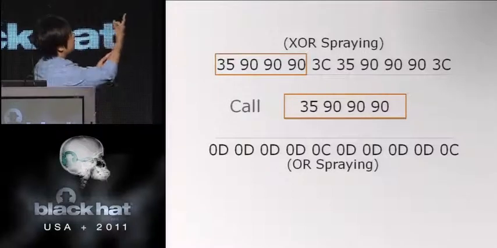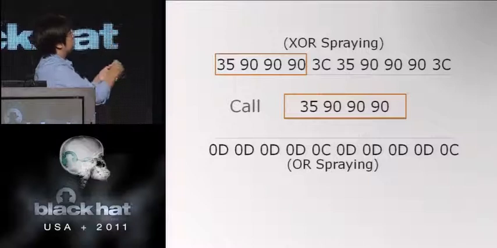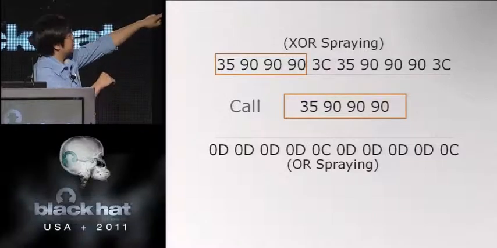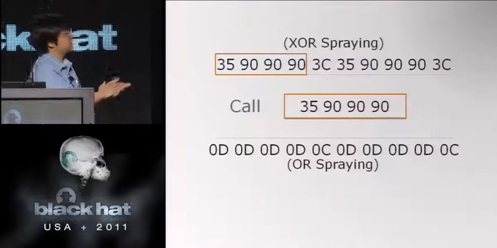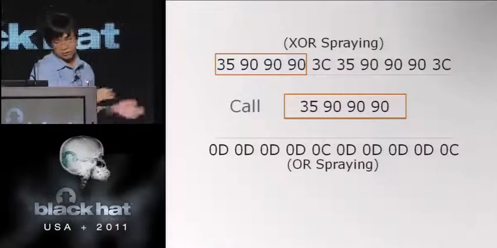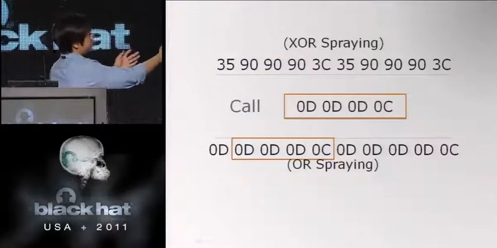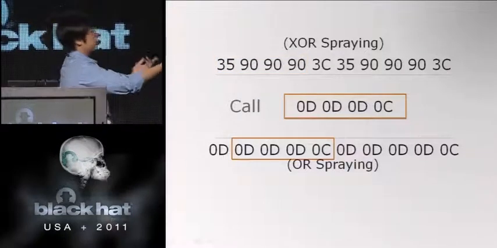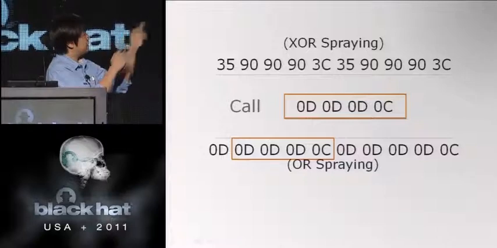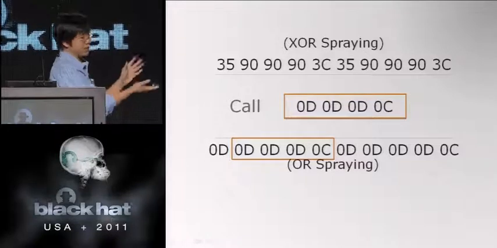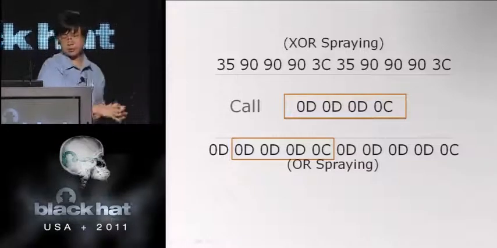It could start with 35 or start with 90 or start with 3C, and this destination is difficult for us to spray. If we use OR, the value is much simpler for us. The destination will start with 0D or 0C, and that area is easier to spray.